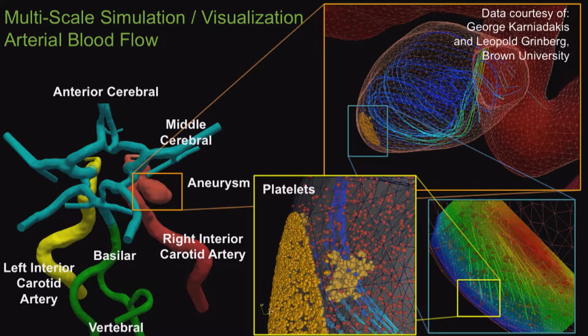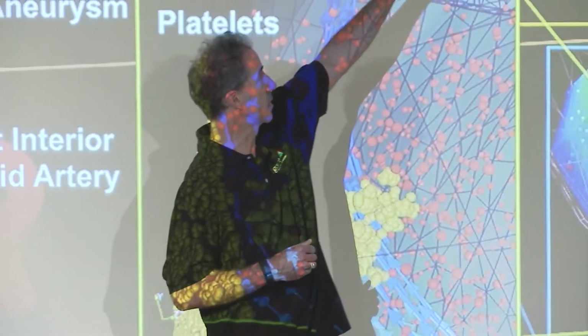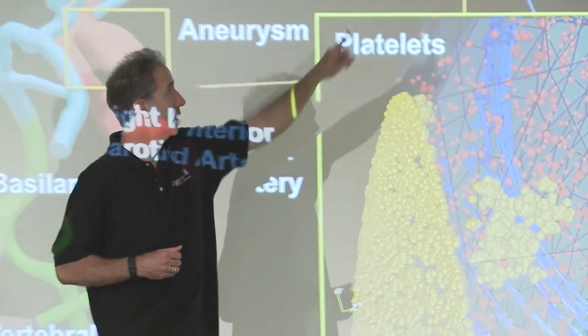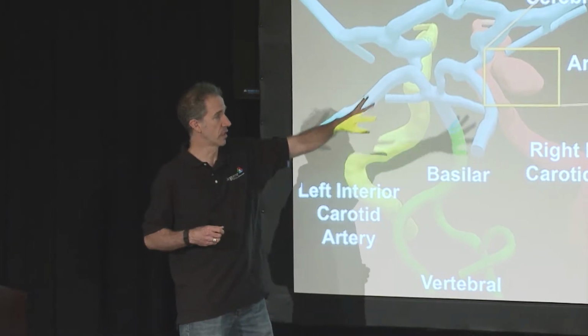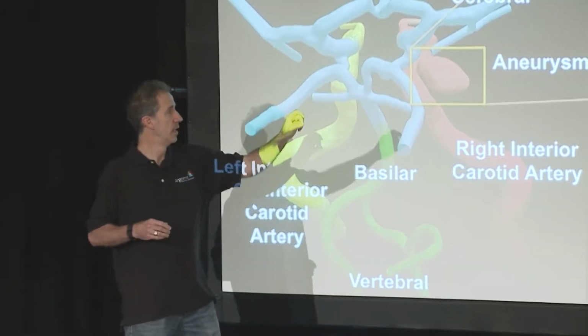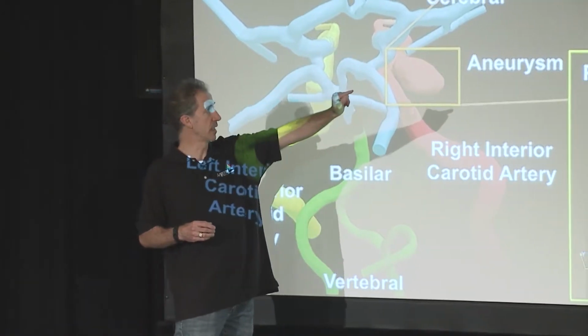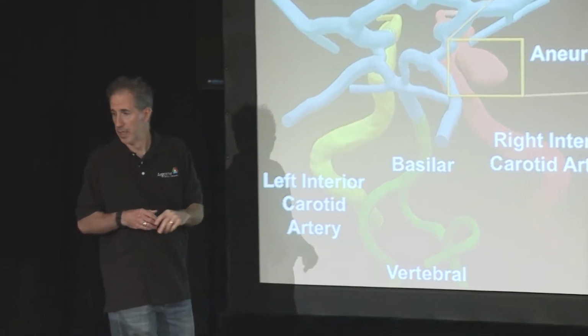They're coupling some fluid flow dynamics that's happening at the large scale, in this overall flow in the artery, and you can see these swirly lines showing the overall flow. And they want to understand how that impacts particle buildup on the wall of the aneurysm. And that's done with a second code that's a particle dynamics code.